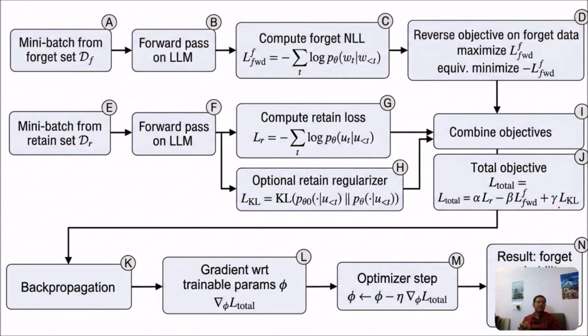And if we leave the model as it is without doing anything, then definitely we will lose that sensitive information, because in any task the model will keep that information for the end user.